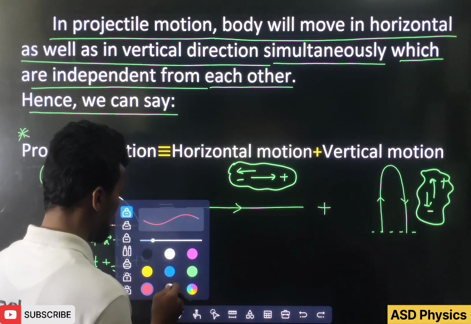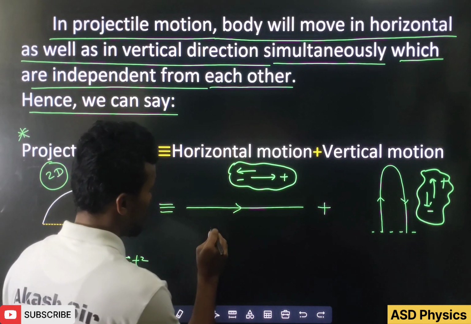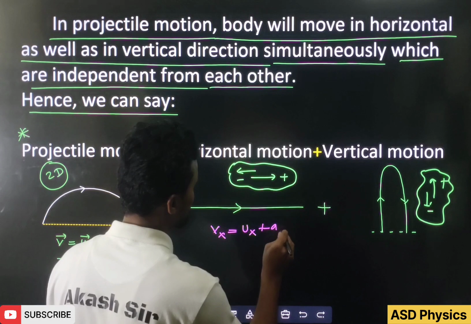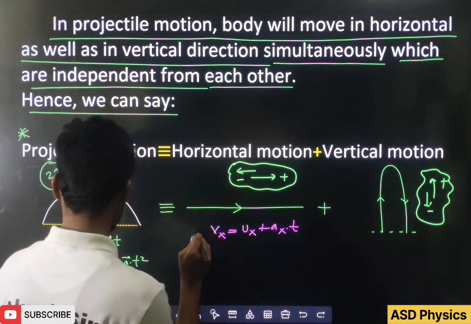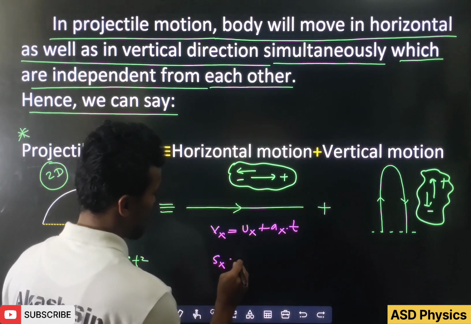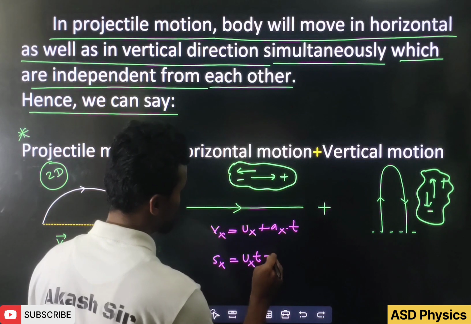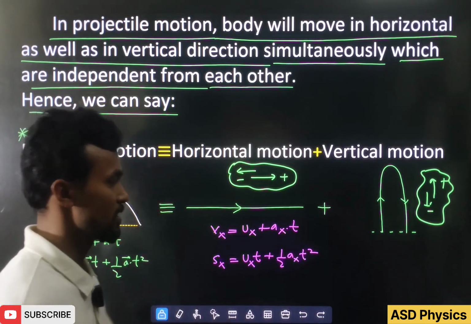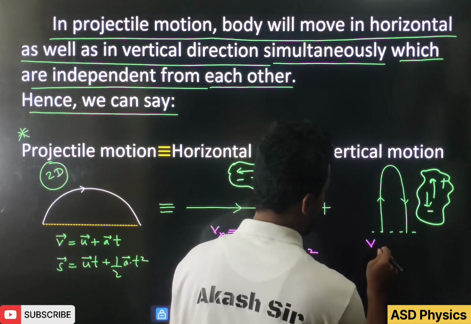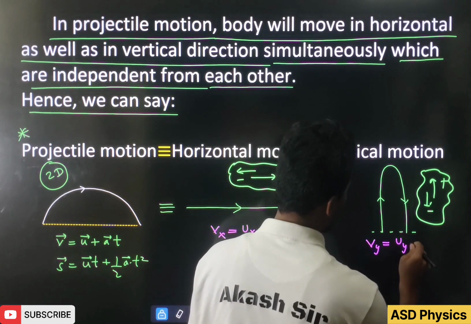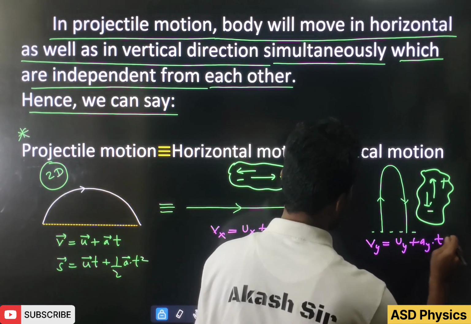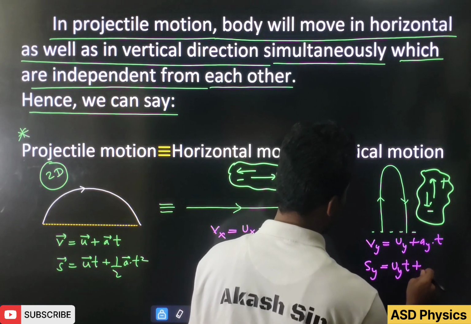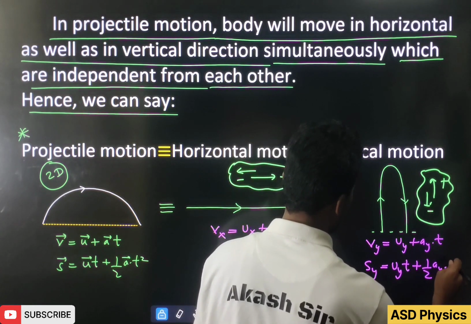And if I write the equations, what will they be? Along the x direction we can write vx equal to ux plus ax into t, and sx equal to ux t plus half ax t square. This is along the horizontal direction. Similarly, along the vertical direction, vy equal to uy plus ay into t, and sy equal to uy t plus half ay t square.